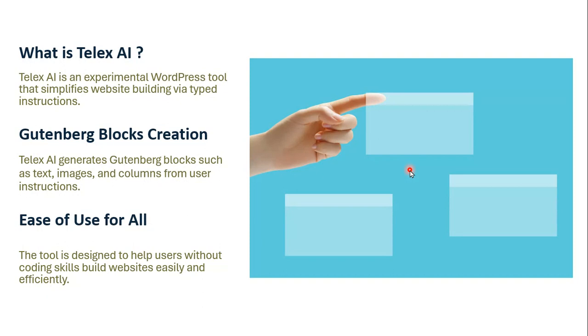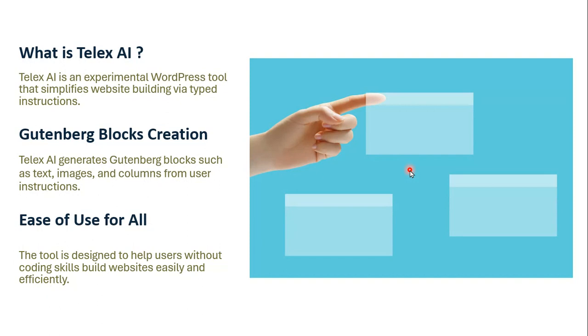Using Telex AI, users can easily generate Gutenberg blocks like text sections, images, and columns just by describing them. This will make designing a website much faster and easier.